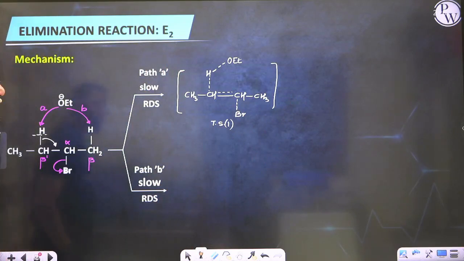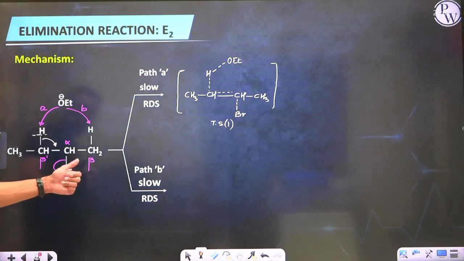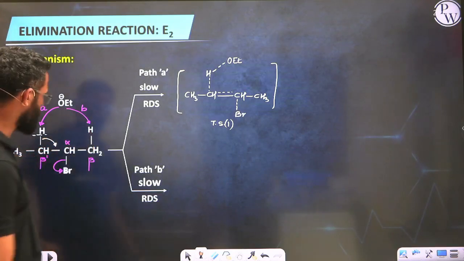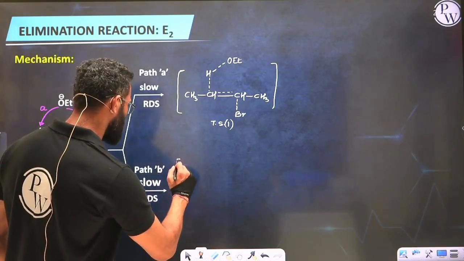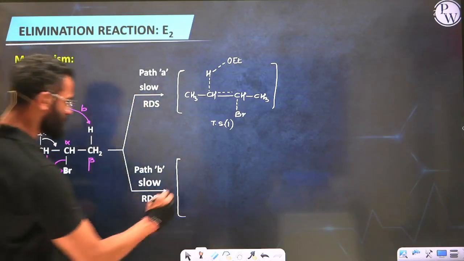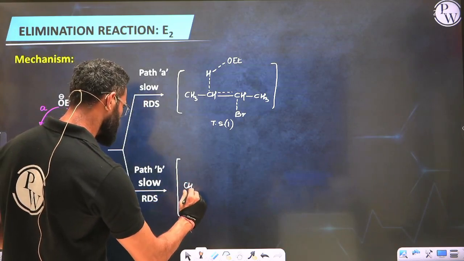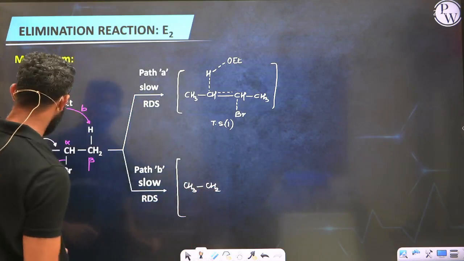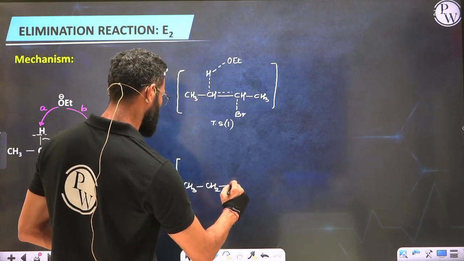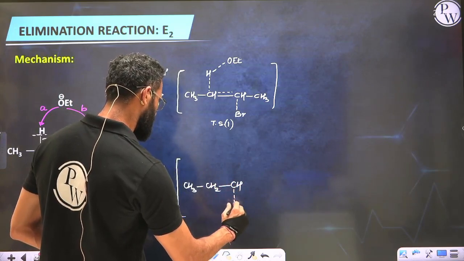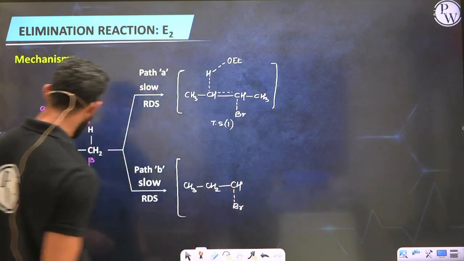Right, everyone? Similarly, if abstraction of a beta hydrogen takes place via path B, what are we going to get? The transition state corresponding to this can be represented like this. Look here. So we have got CH3, CH2, CH, and the carbon bromine bond is in the process of breaking.